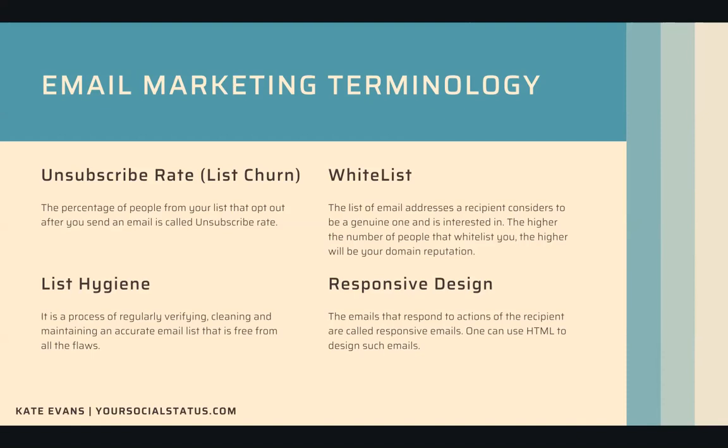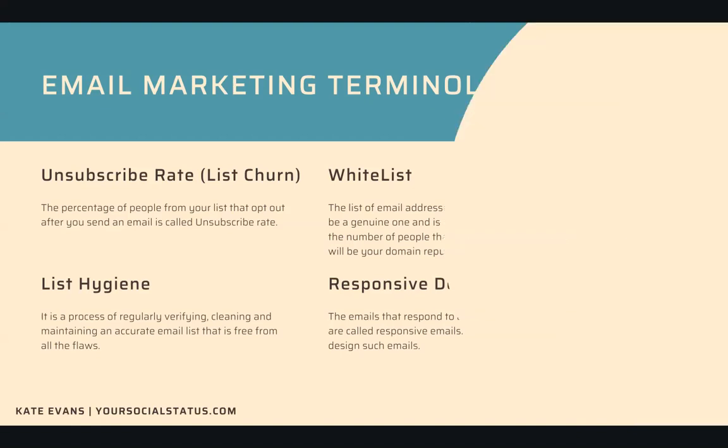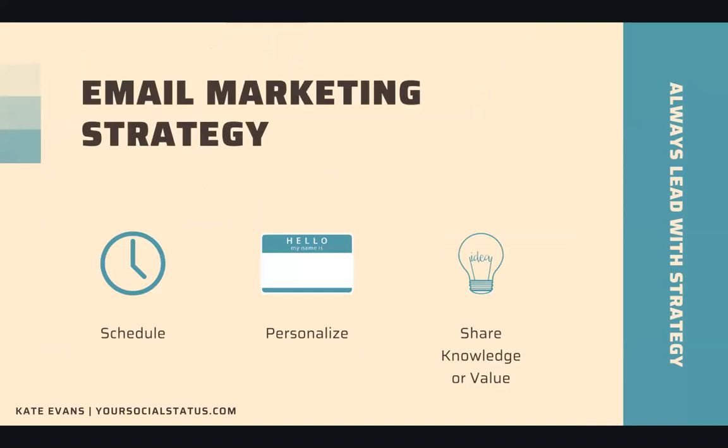And so you want to make sure that when you're sending out emails that they're also responsive, because over 80% of people read their email on their cell phone now. So if we're including any type of design, we want to make sure that our design is responsive and shows up well on our cell phone. And Mailchimp does that automatically, which is awesome.